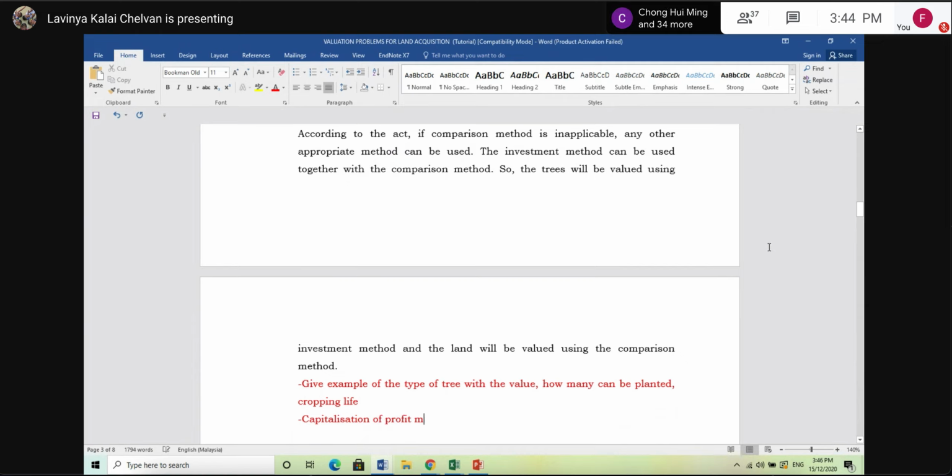Because the investment method is where you already have income from the property. The income must be, let's say you're going to value a hotel. The method should be profit, isn't it? Even though you have a tariff, the room tariff, that one is not the rental. Investment method must be rental.